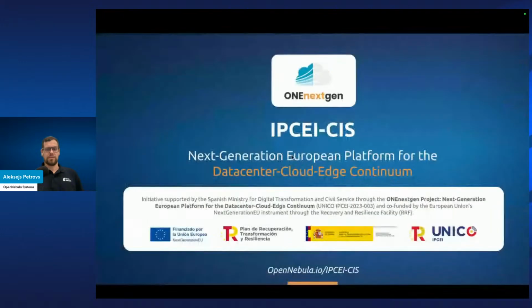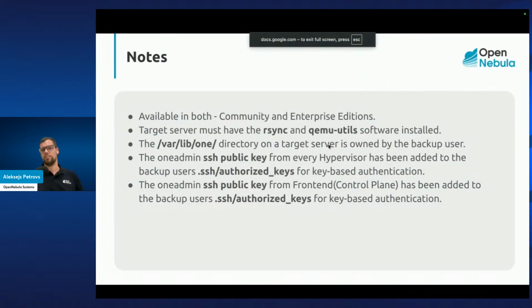Good. So, just to summarize, it's the easiest way to start backing up with OpenNebula, right? The Rsync backup is pretty easy to set up and easy to use. The only thing that we should always remember: you must have qemu-img, that's part of the QEMU utils software package.